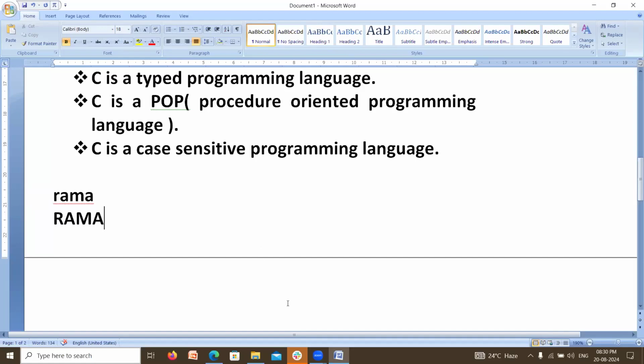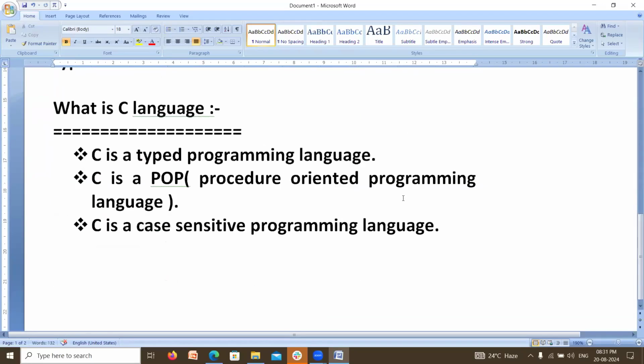But actually the computer C language feels both are different. Lowercase letters and uppercase letters are not the same in C language. It identifies the case of the data, so it is called case sensitive. Got it?